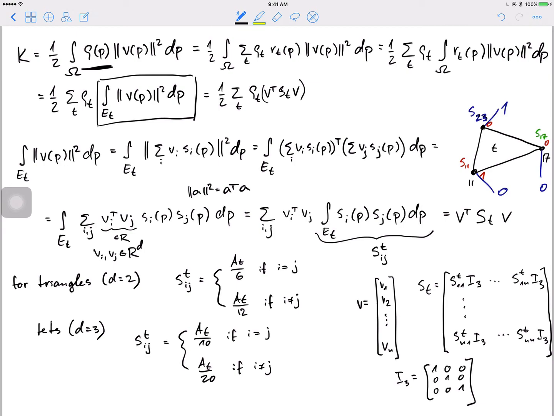Okay, I can again do a little bit of algebraic trickery to turn it into this. So there will be rho_t S_t and V.